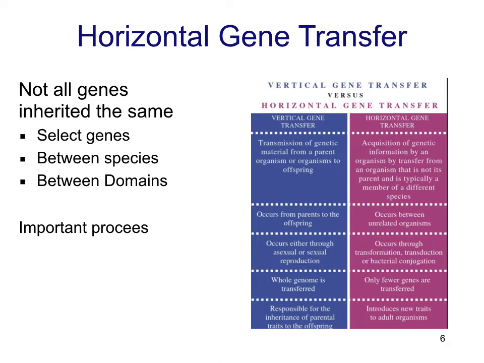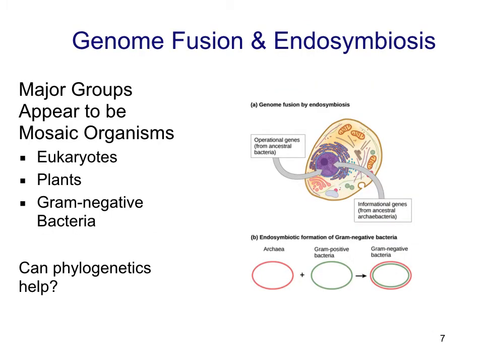But over a long period of time, these could be very important mechanisms, and they can give organisms new traits. We think this is a major event in evolution. In fact, we think that major groups appear to have arisen via these horizontal gene transfer mechanisms.